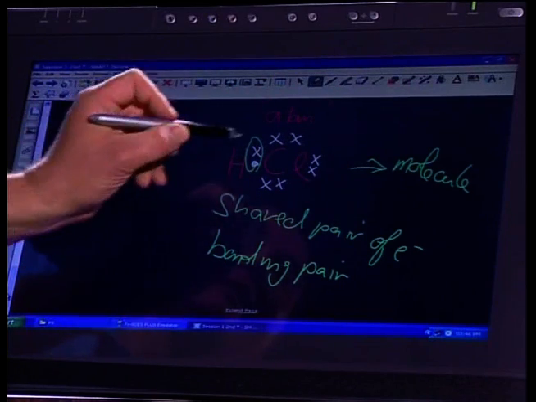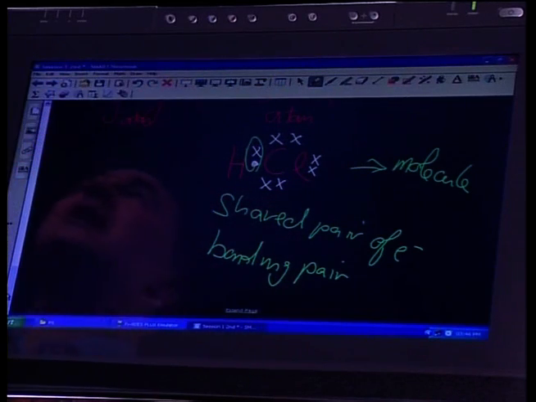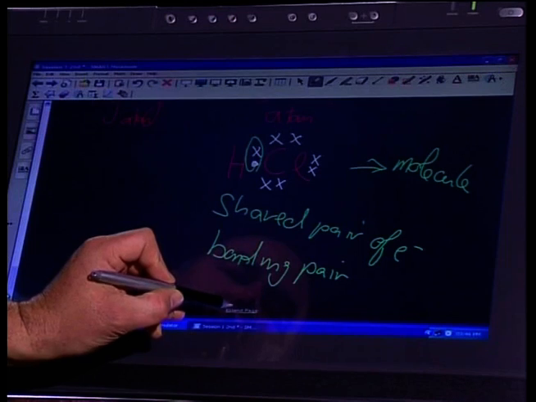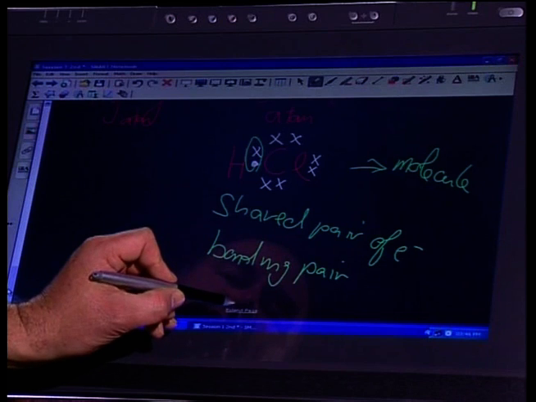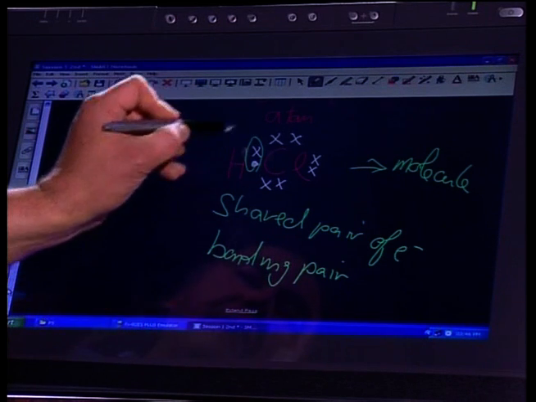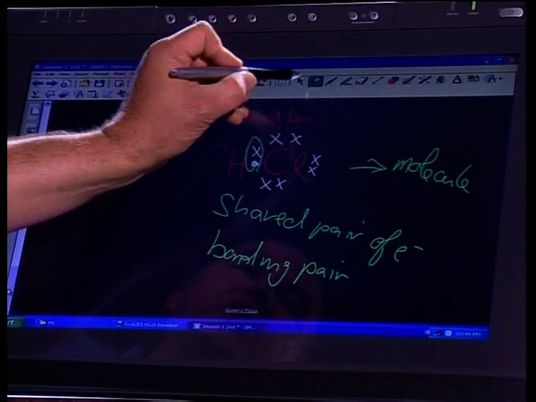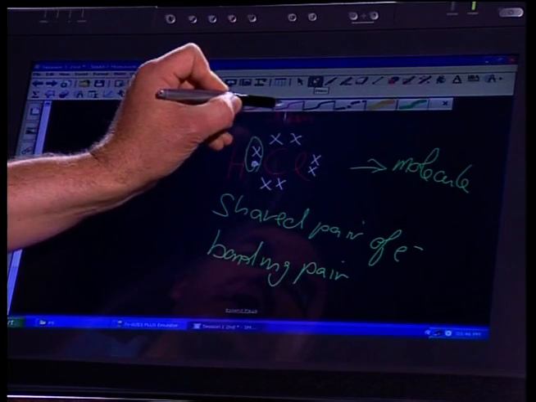So there's sharing of electrons. In this case, the hydrogen is much smaller than the chloride or the chlorine atom. So hydrogen is a smaller atom, so there's a little bit of unequal sharing. And because there's unequal sharing, what we're going to suggest is that something interesting happens, that this pair of electrons is pulled more to the chlorine side.